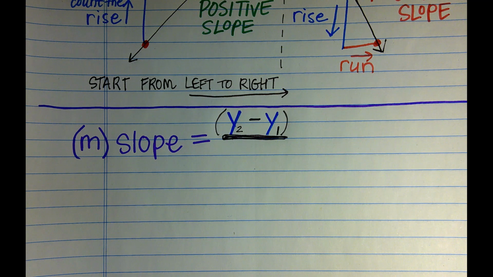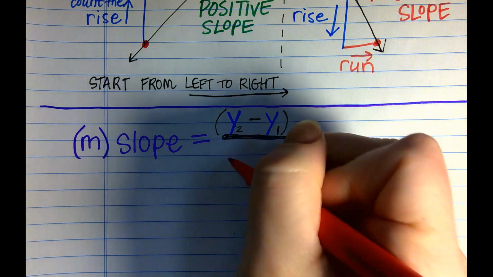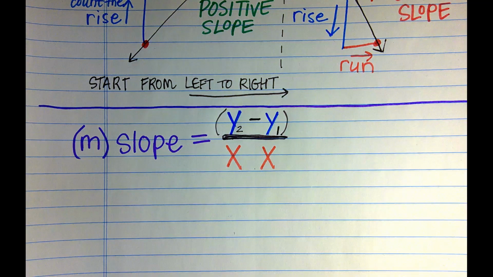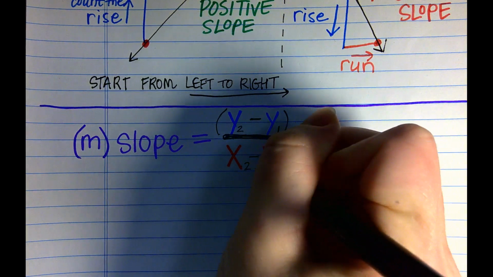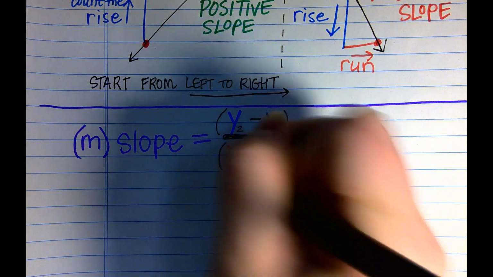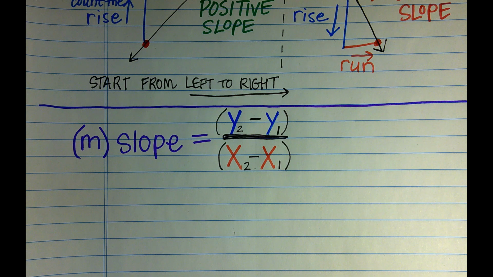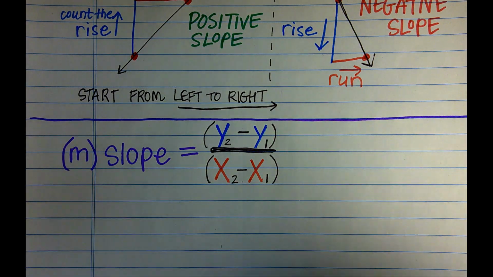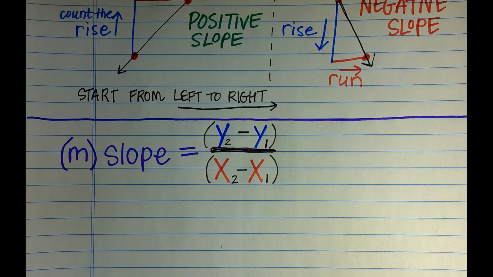And on the bottom half, x2 minus x1 in parentheses. So these letters and numbers will make sense here in a moment. This is the formula for finding slope if we don't have a line. So this is finding slope from coordinates. We're going to use coordinates to find slope now.